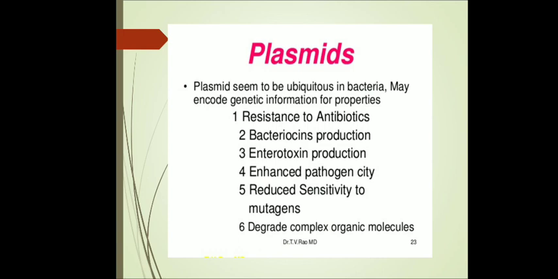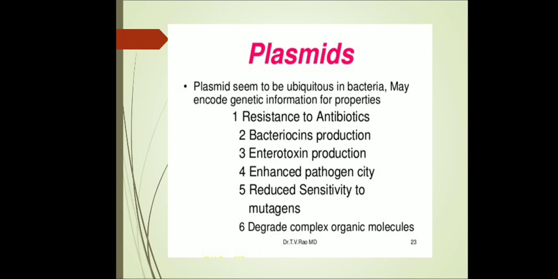Anti means against and biotic means living organism. To kill or reduce the number of bacteria, different types of antibiotics are given, and these antibiotics break the bacterial cell. So to provide resistance to the bacteria against such antibiotics, plasmids play an important role.